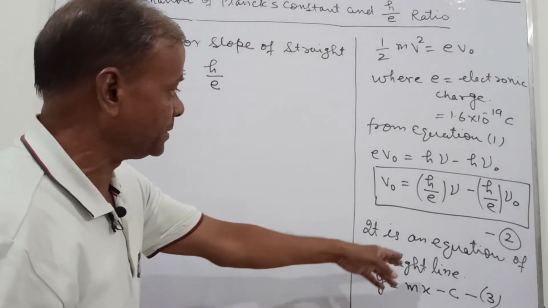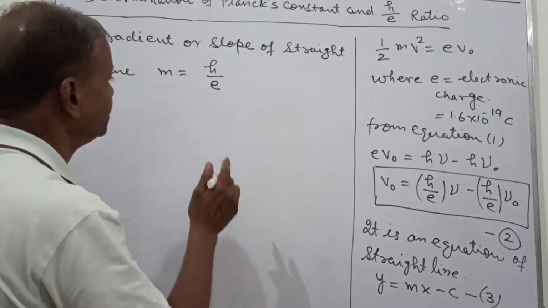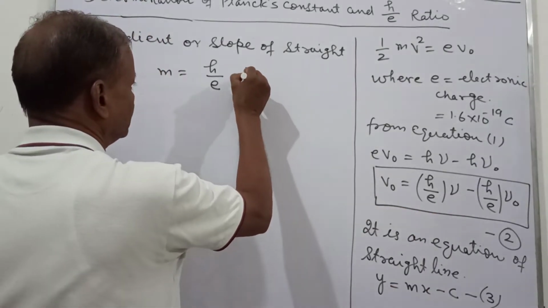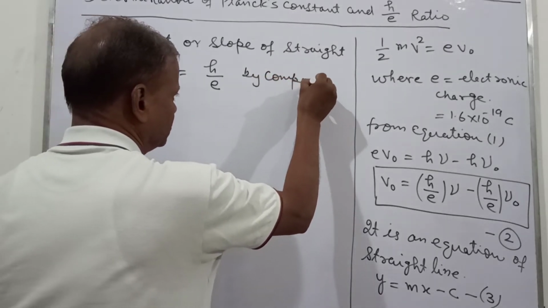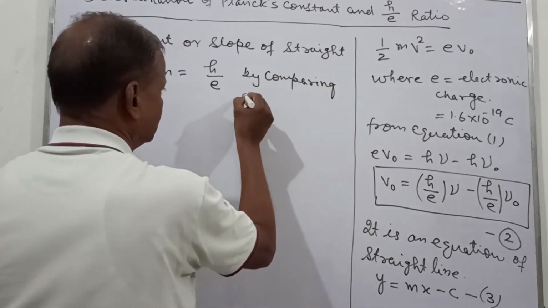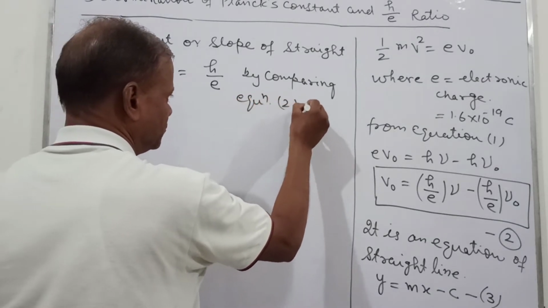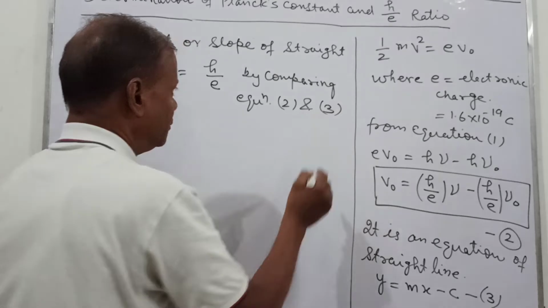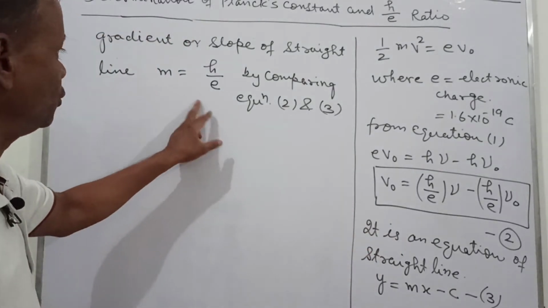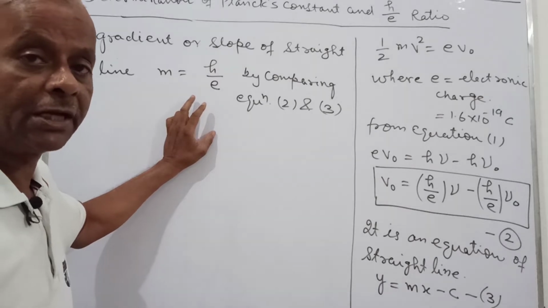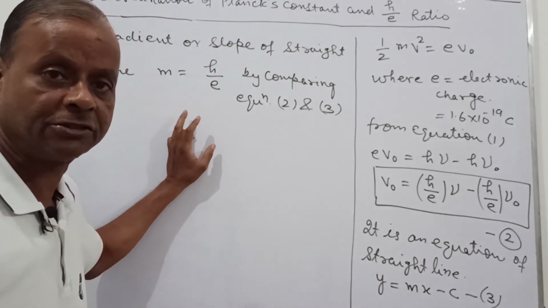We have to compare equation number 2 and 3. By comparing equations 2 and 3, we have this slope. So if we are able to determine this slope, then we can find the value of h.